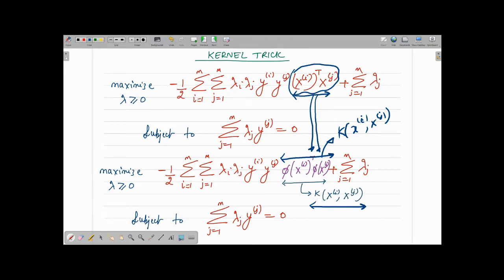But what advantage will you get in terms of the decision boundary? What kind of decision boundary can you expect when you use kernels? Not studied kernels?